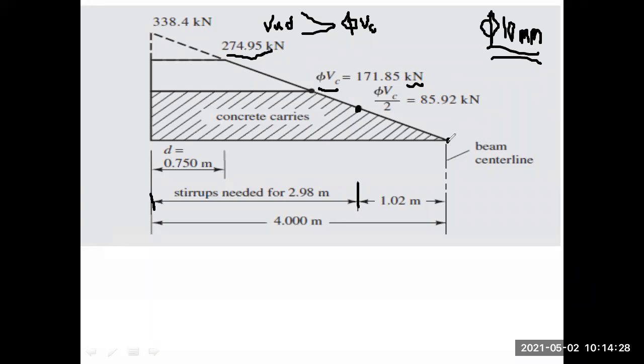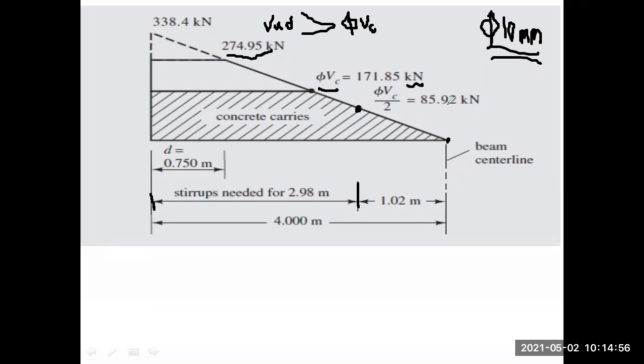It shouldn't go beyond this point, the point at which the shear force is equal to 0. So this is the zone within which we need shear reinforcement, and we reinforce it up to this point. In case the number of stirrups is equal to 5, then that would mean exactly the last stirrup is located at this location.